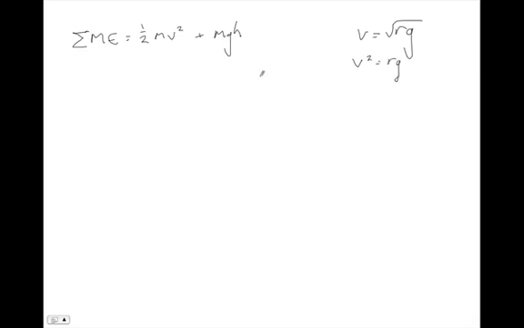So the mechanical energy is equal to a half times the mass times rg, so we're substituting our new term for velocity, plus mgh. Okay, so our mechanical energy is known, half is a half, mass we know, gravity we do, radius we don't, height we don't.